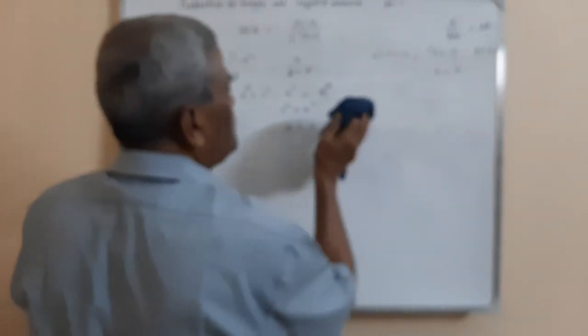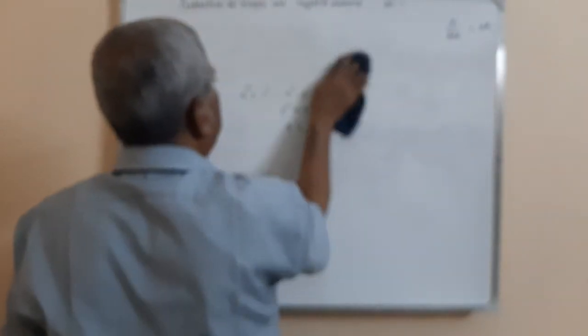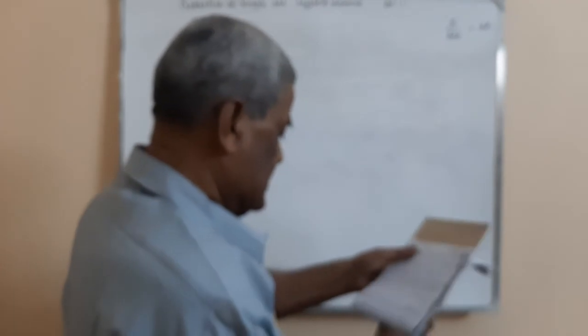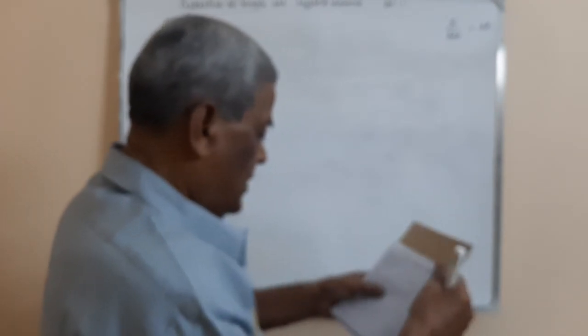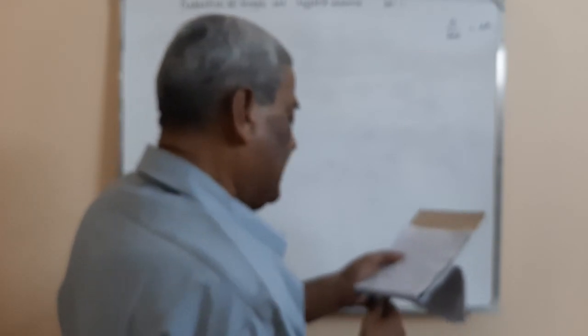Now our next problem. A flag is standing vertically on a tower of height h.